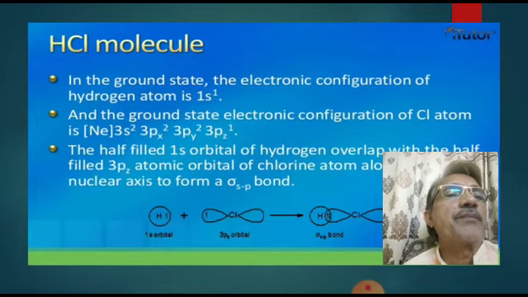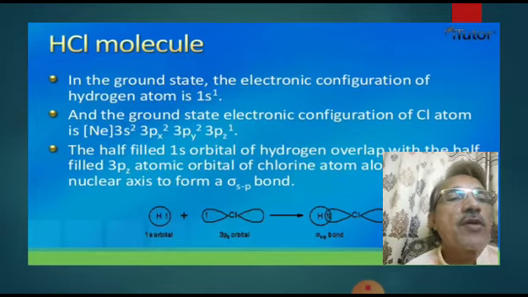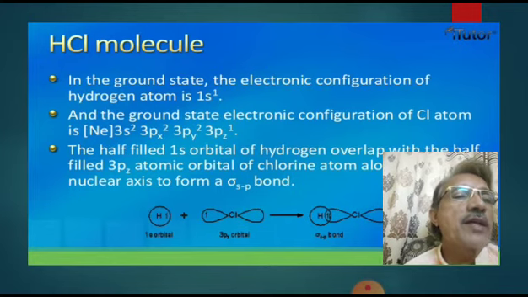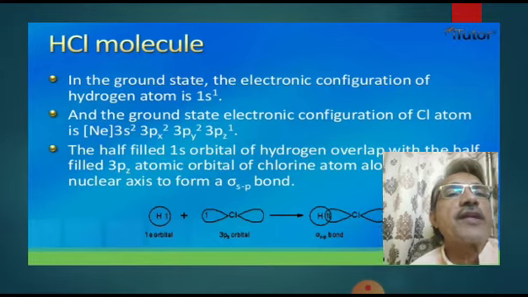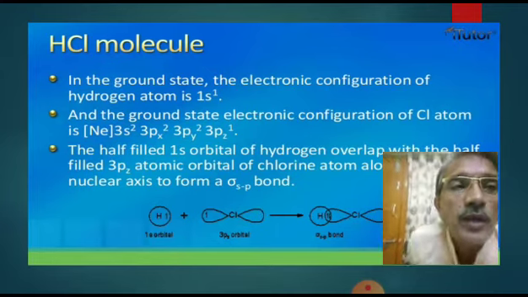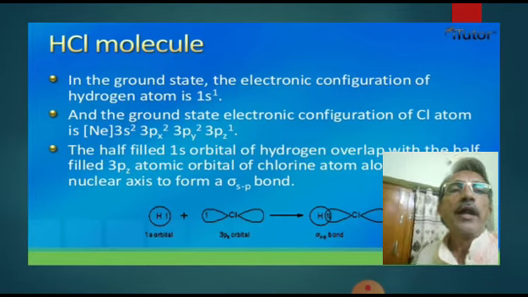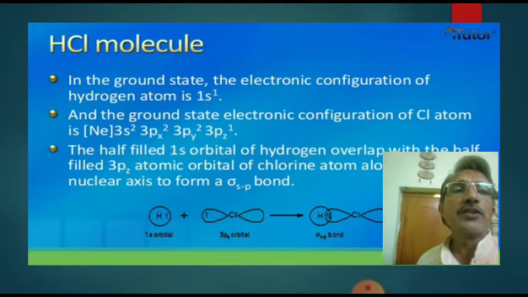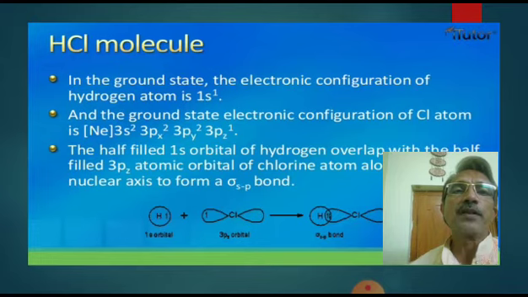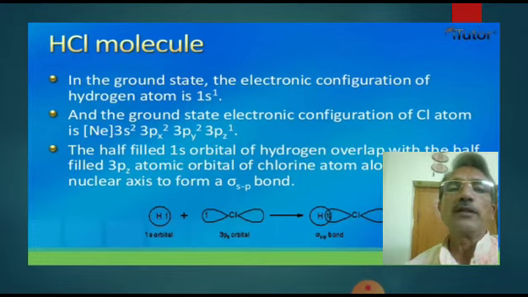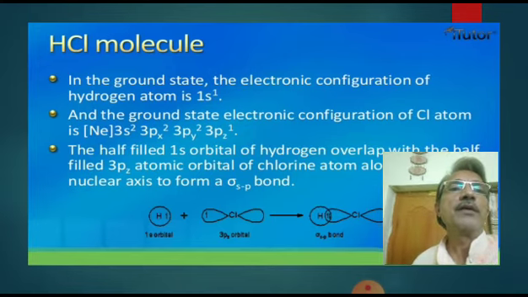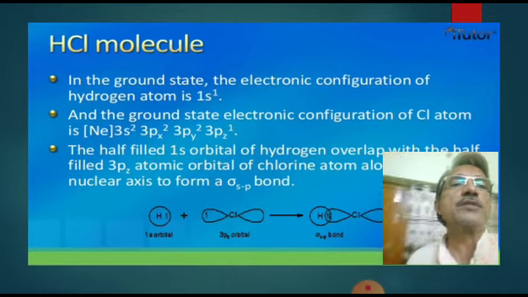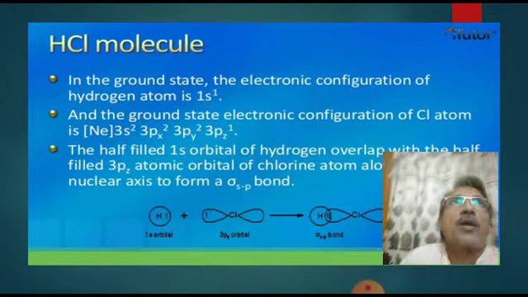HCl molecule. Formation of HCl molecule is an example for sigma sp bond. In the ground state, the electronic configuration of hydrogen atom is 1s1, and the ground state electronic configuration of Cl atom is neon 3s2 3p5, that is 3s2 3px2 3py2 3pz1.